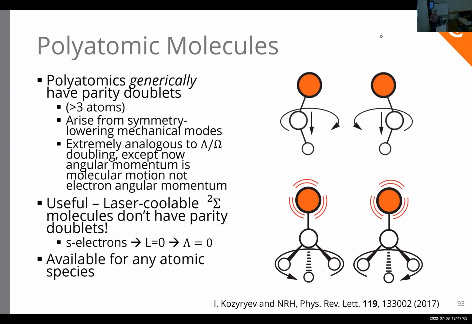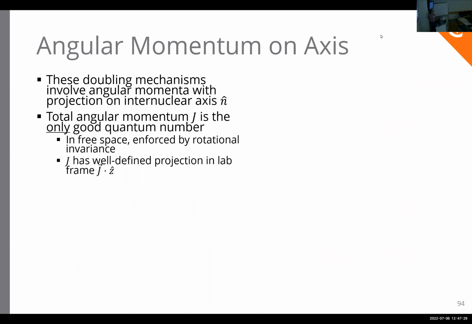You can have a doublet sigma electronic state, and then you can get parity doubling from the mechanical motion of the ligand you attach to it. So you can combine laser coolability and parity doublets in a fairly unique way that you can't with a diatomic, at least a diatomic sensitive to CP violation. So you can get these doublets for just anything that you stick on here. So that's hopefully a powerful tool.